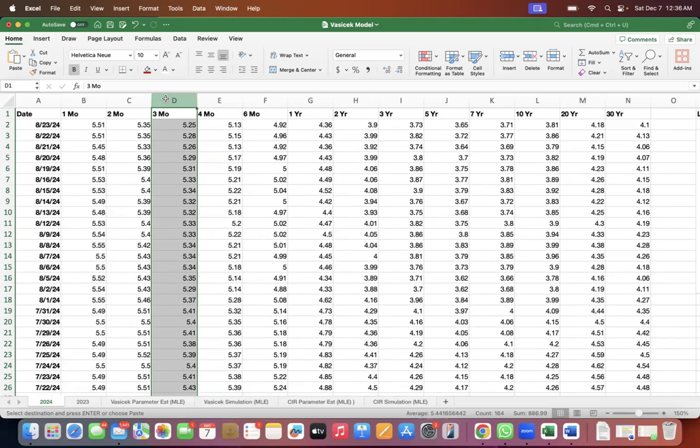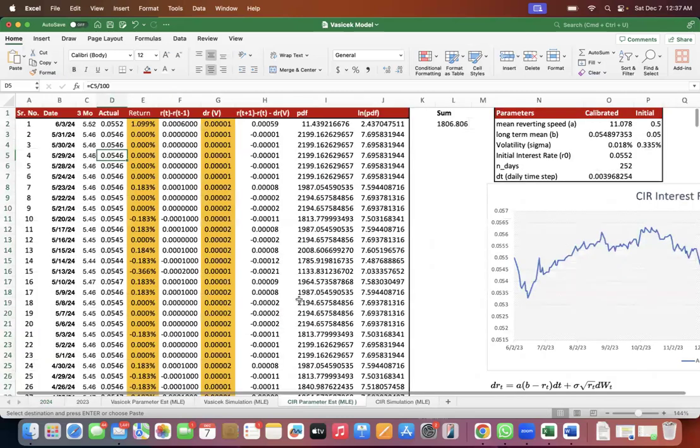Most of the time, if you are doing pricing of any interest rate derivatives, be it caps or floors, the underlyings are 3 month or 1 month interest rates, and that's where 3 month interest rate modeling becomes very interesting. Even in my use case, I'll try to simulate the 3 month interest rates. We are trying to see how the movement of interest rate will look like.